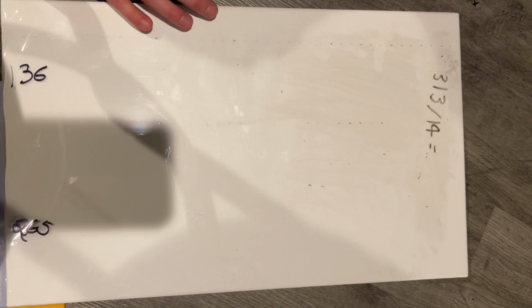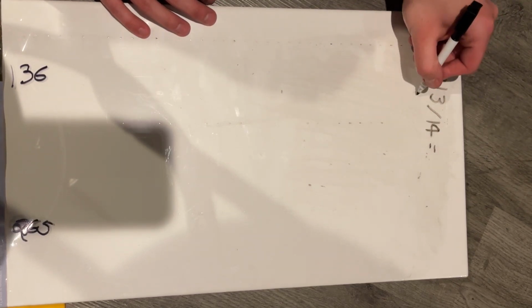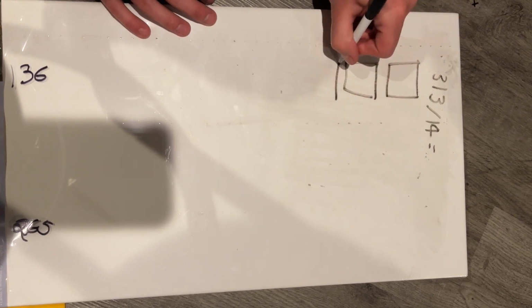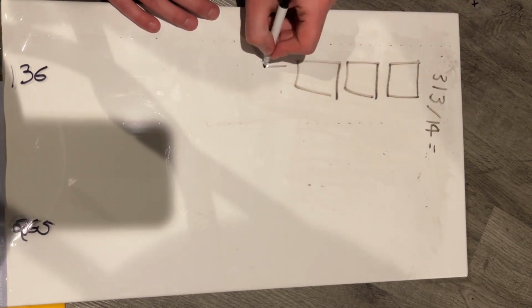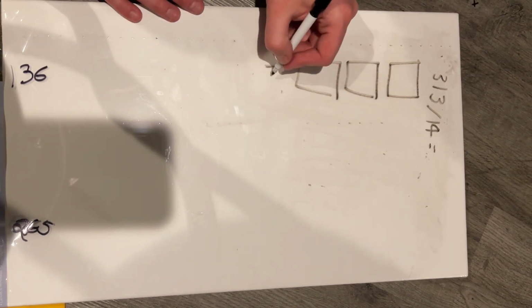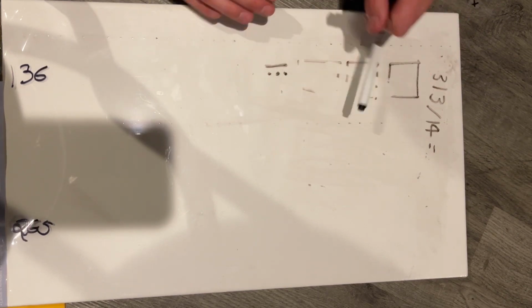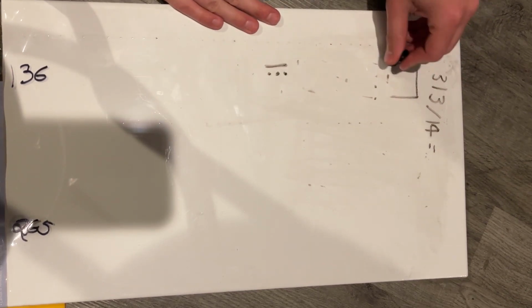Now to pictorially divide 313 divided by 14, we have 3 squares that represent 300, 1 line which represents the 10, and 3 dots that represent the 3. Now this evenly cannot go into 14, which means we have to convert these all into 10s.